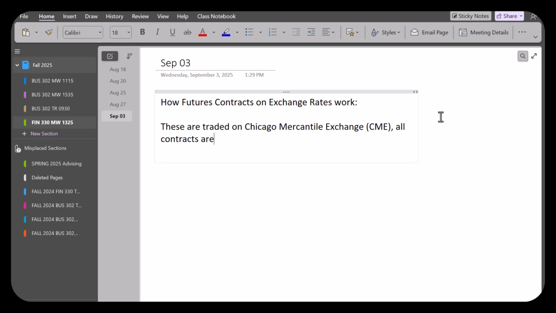All contracts are priced as the value of the foreign currency in US dollars.